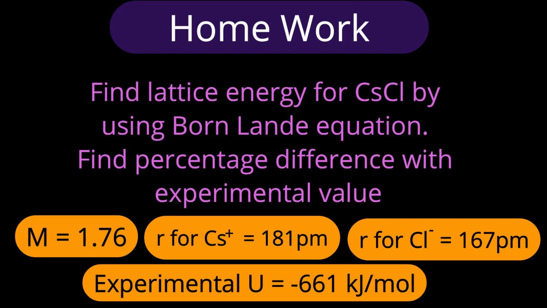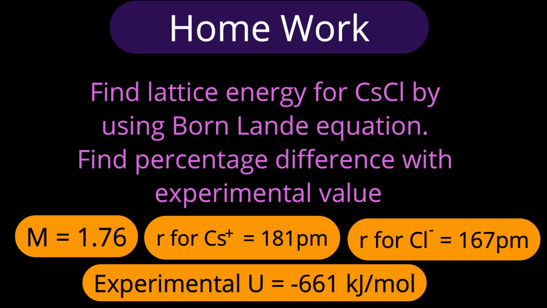Yes, student, let me know whether you understood this concept or not. Prove it by solving this problem. You have to find the lattice energy for cesium chloride using the Born-Lande equation, and after finding the lattice energy, you have to find the percentage difference with the experimental value. I have given the experimental value. See which things I have provided for you.